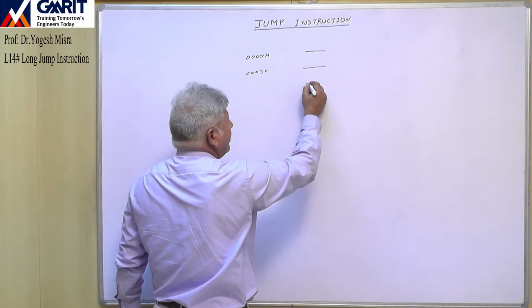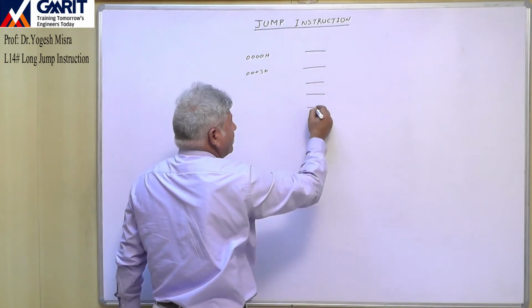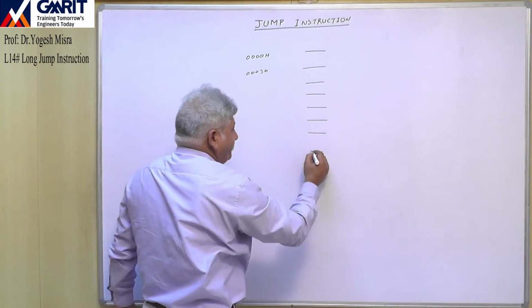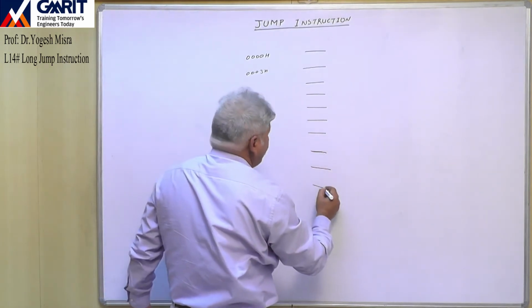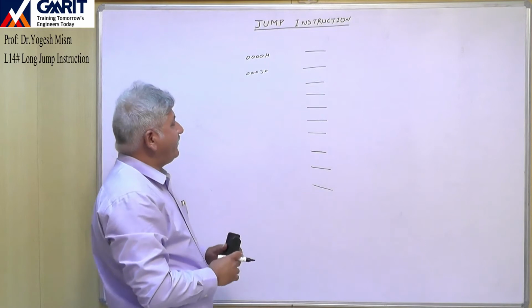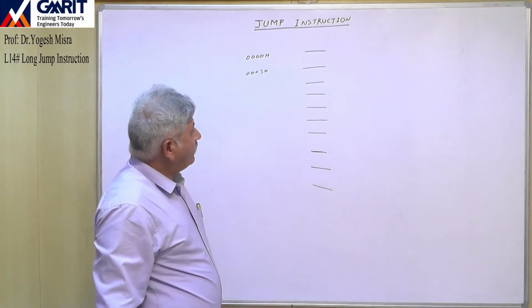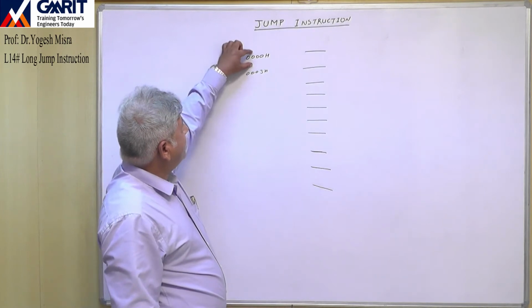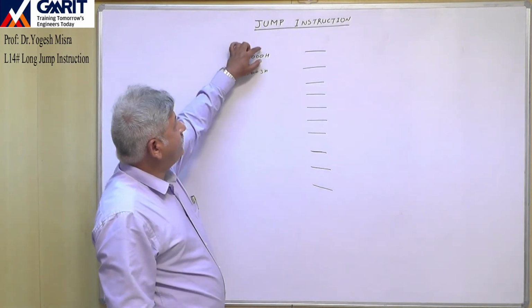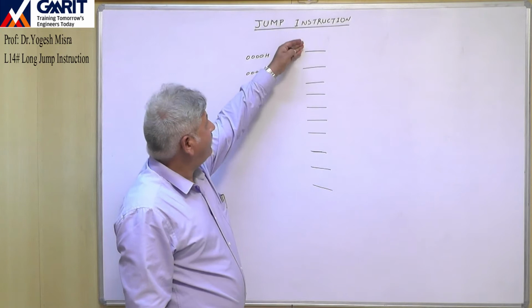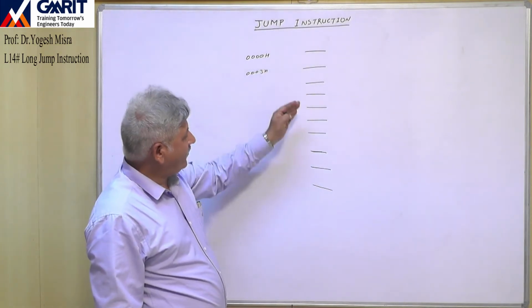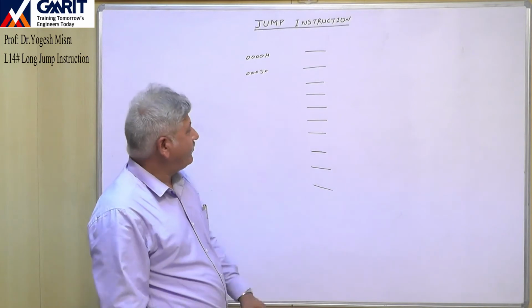Like this we have a sequence of instructions. In this way there are many instructions. So what our controller will do is first execute the instruction loaded at location 0000H, then it will come to the next instruction, then the next instruction. In this way it executes in a sequence.